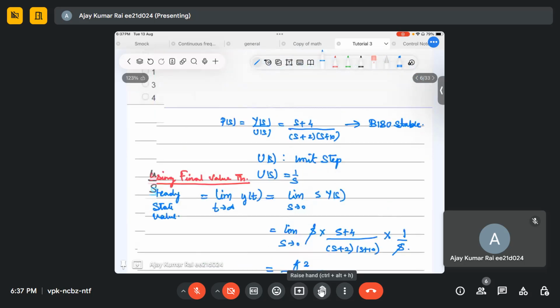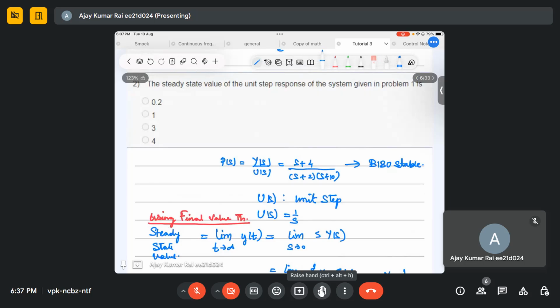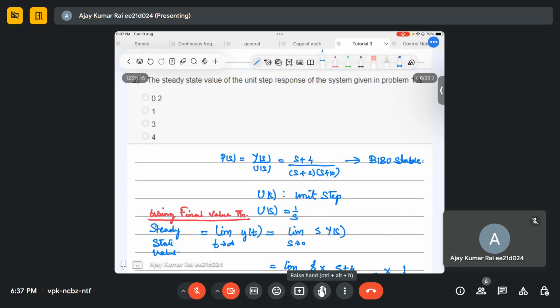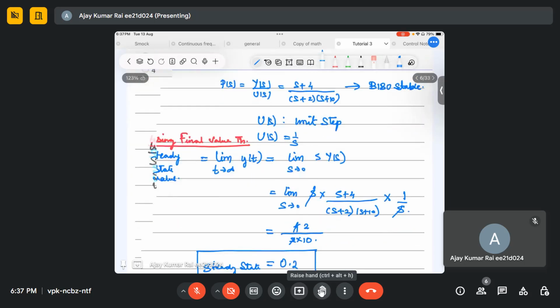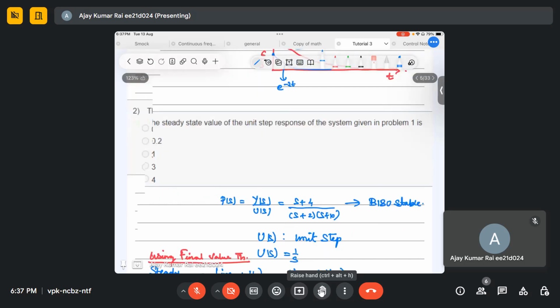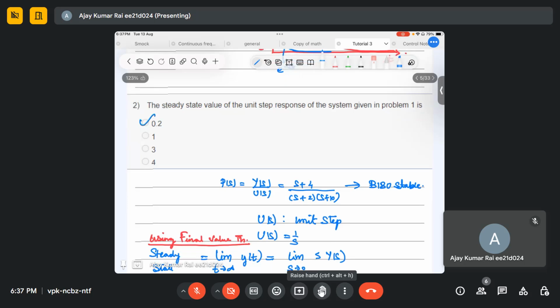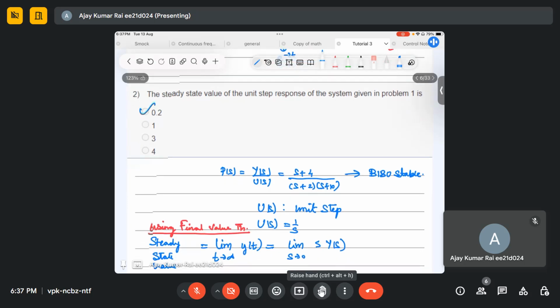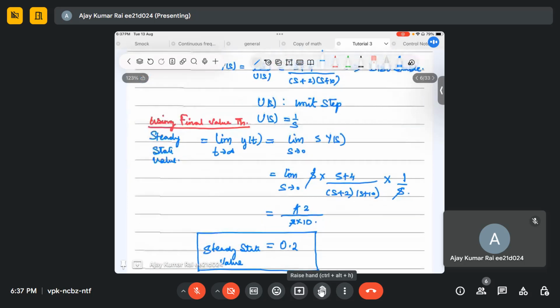So any doubt? The steady state value of the unit step response is 0.2.